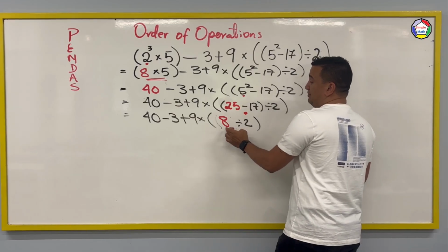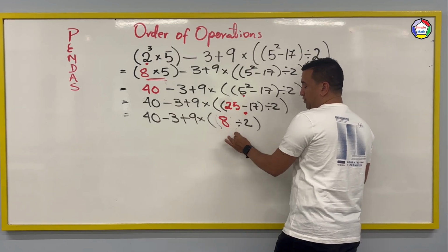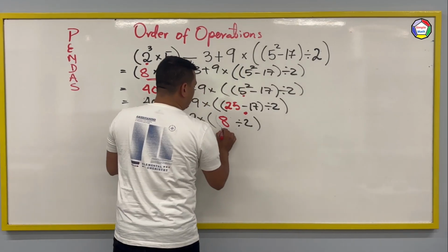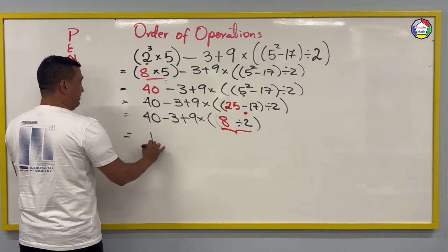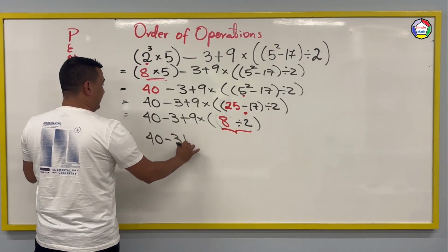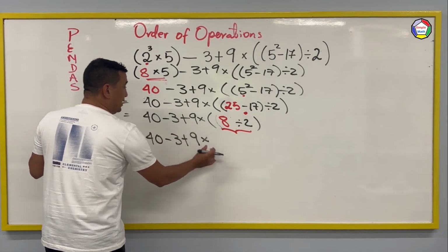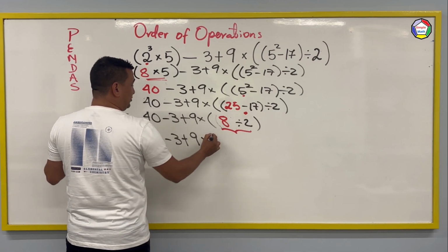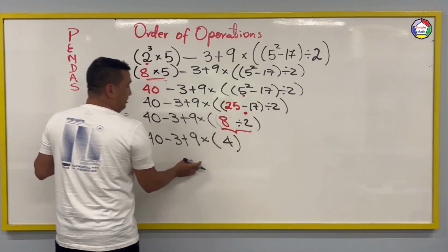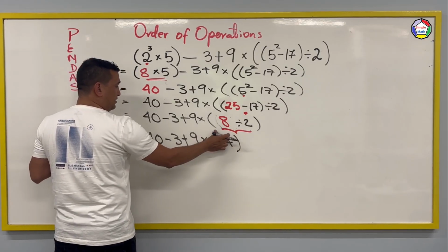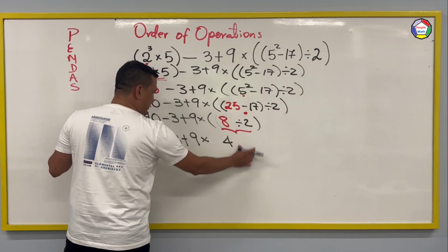So how much is 8 divided by 2? Remember, we're working in the parenthesis. So I'm going to solve this part. Again, I will repeat everything the same. 40 minus 3 plus 9 times. How much is 8 divided by 2? 8 divided by 2 is 4. Because this is the solution of this parenthesis, it's not necessary to write this parenthesis again.